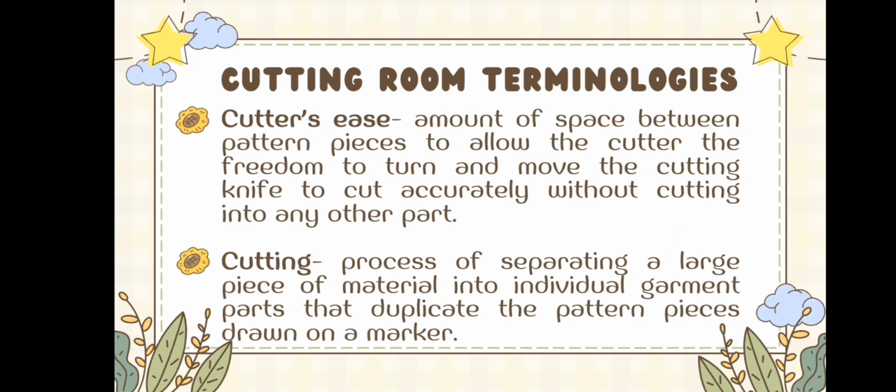Next we have cutter's ease. This terminology is the amount of space between pattern pieces to allow the cutter the freedom to turn and move the cutting knife to cut accurately without cutting into any other part.